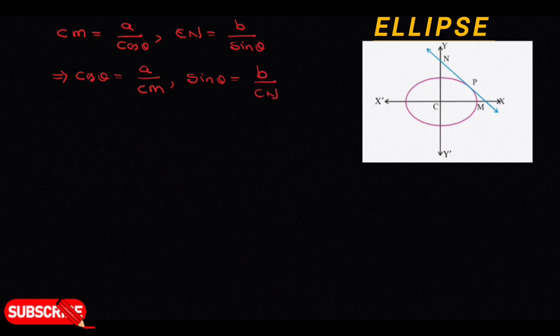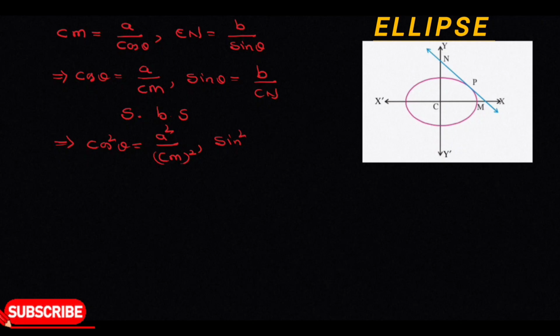Now squaring on both sides, we get cos square theta equal to a square by Cm square, sin square theta equals b square by Cn square.